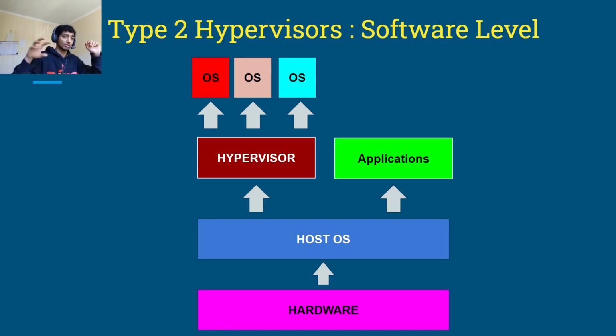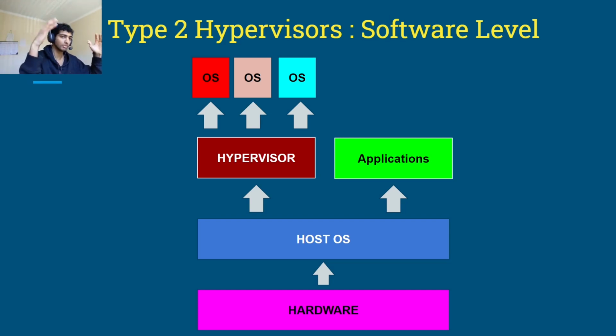So if you have Windows or Linux or Mac OS, you will have an application-based hypervisor, like VirtualBox, where you double click it, it opens up, and then inside that application you're able to run virtual machines. Now, because there are so many middlemen that abstract the hardware, it's not very efficient.